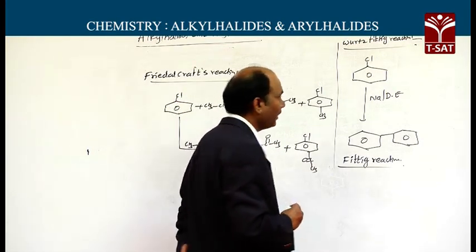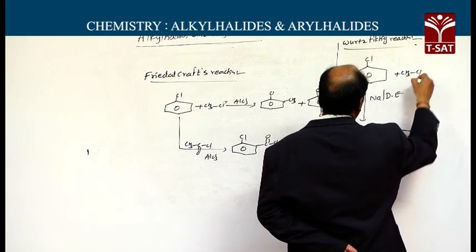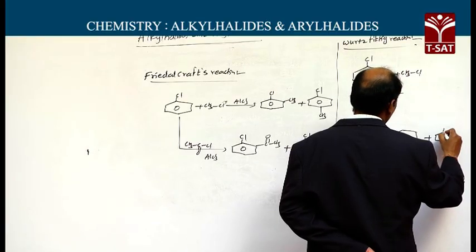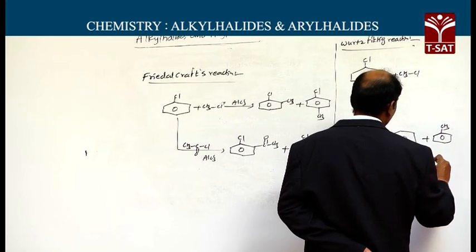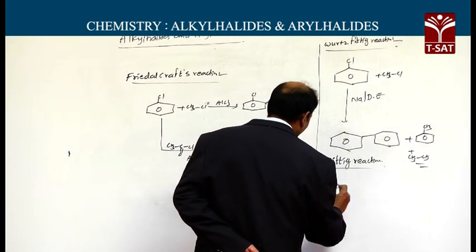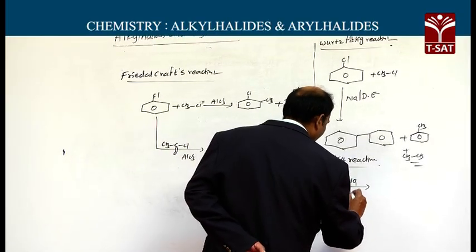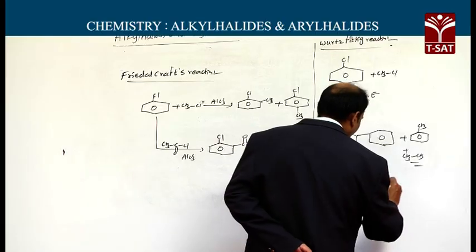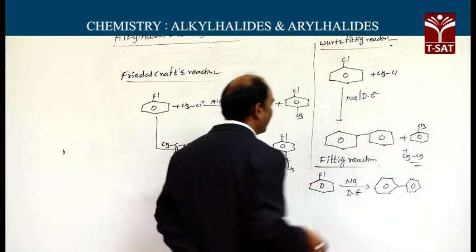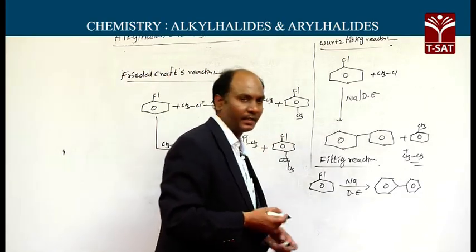In the Wurtz-Fittig reaction, chlorobenzene is treated with CH3Cl and sodium in dry ether, and we get biphenyl plus byproducts, toluene and the alkane coupling product. The Fittig reaction is chlorobenzene treated with sodium in dry ether, giving only biphenyl.